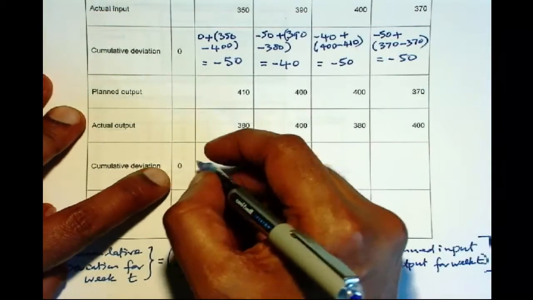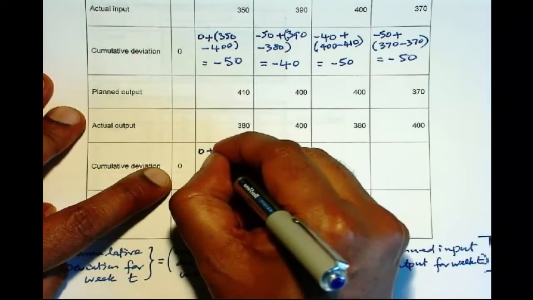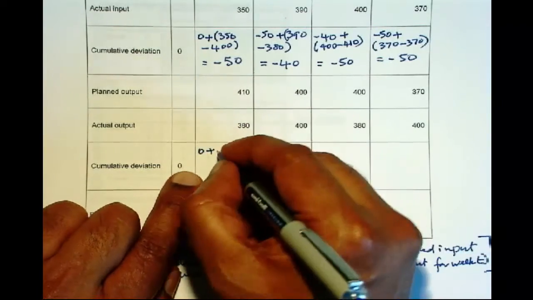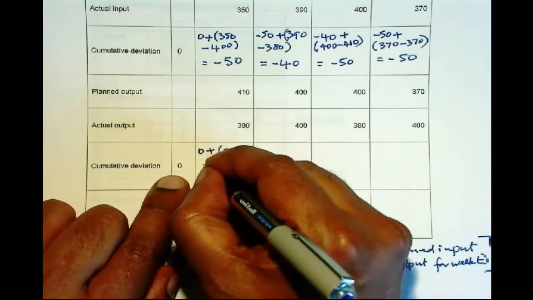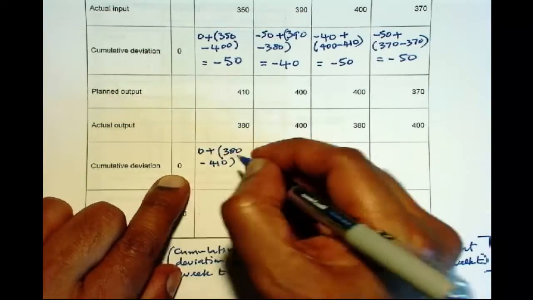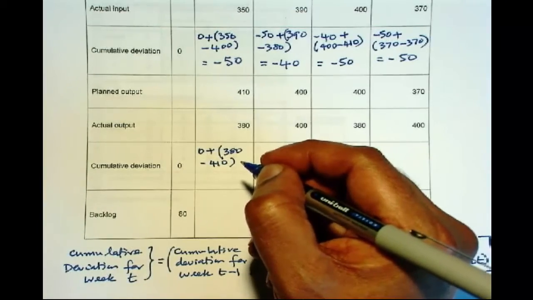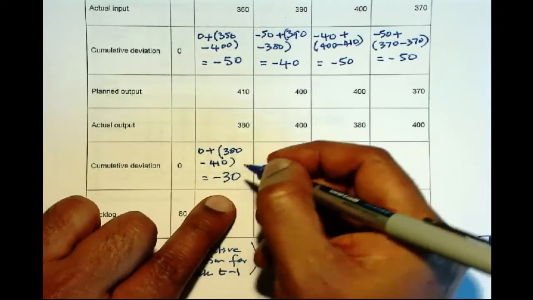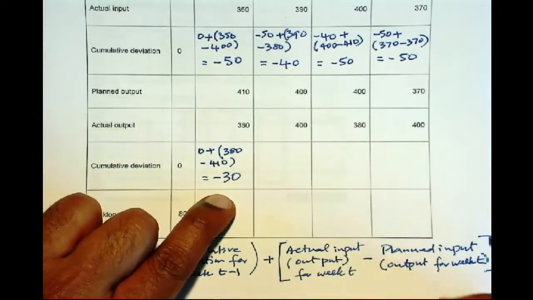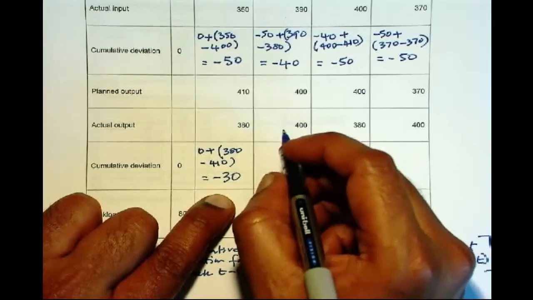So we start with 0, previous cumulative deviation, plus the actual output minus the planned output. So the actual output is running 30 units, usually it will be in machine hours, lower than what we were planning.